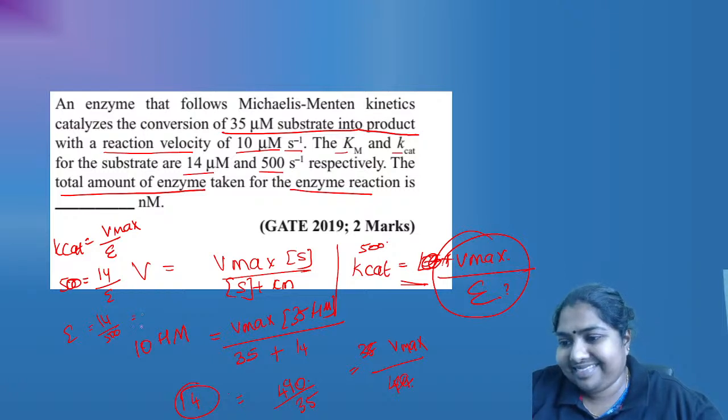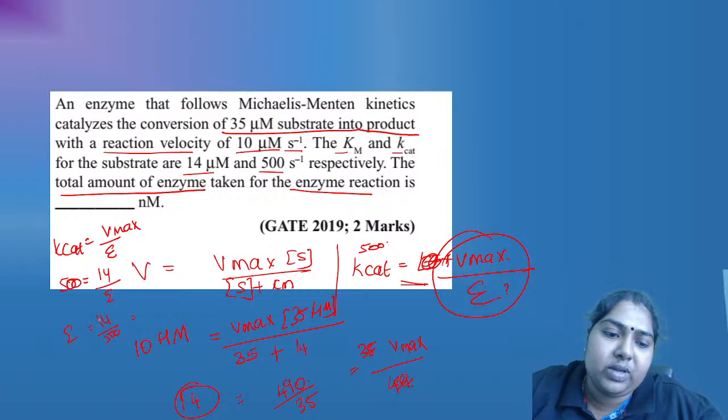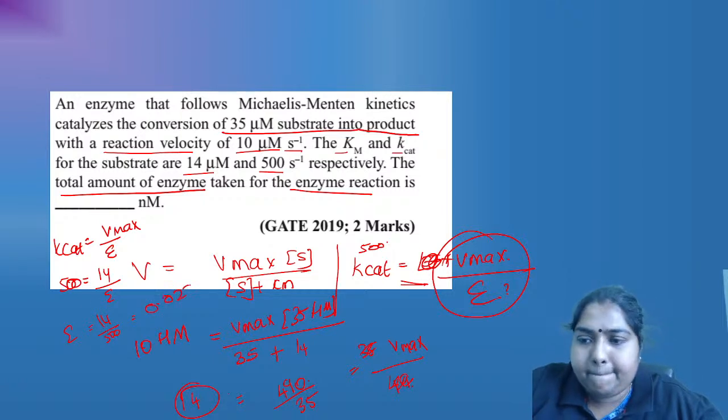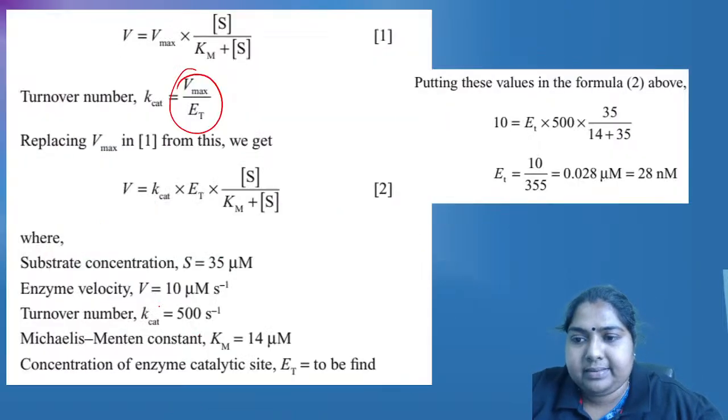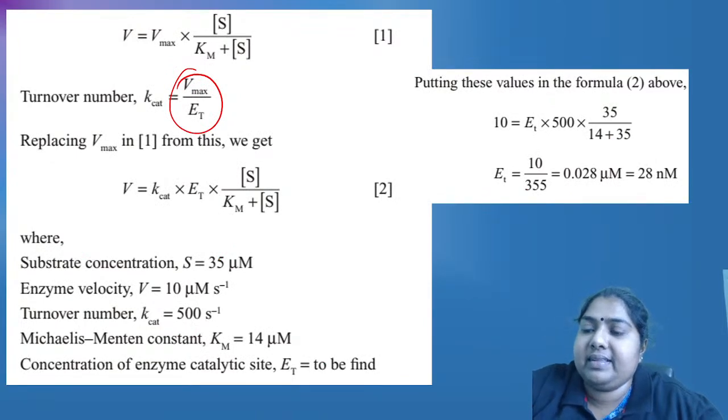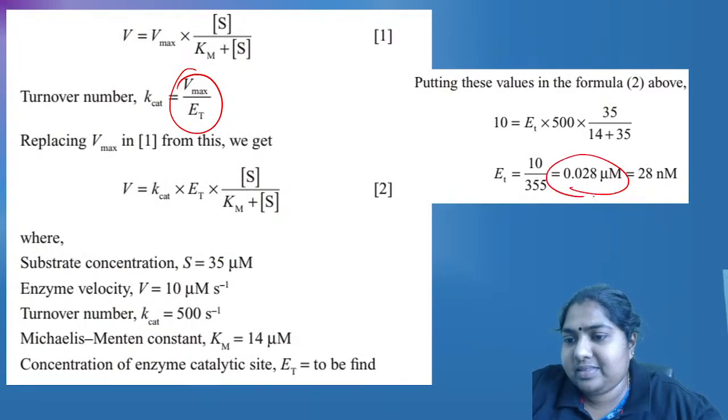Yes or no? Vmax 12 you are getting? How come? Just a moment. So I am getting 14 divided by 500. So 0.028 I am getting. Yes, I have got this value. Try it out one more time.